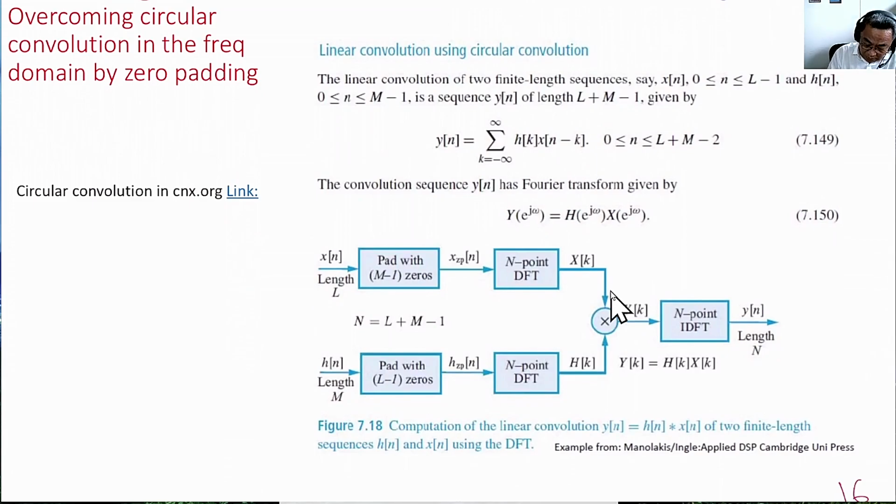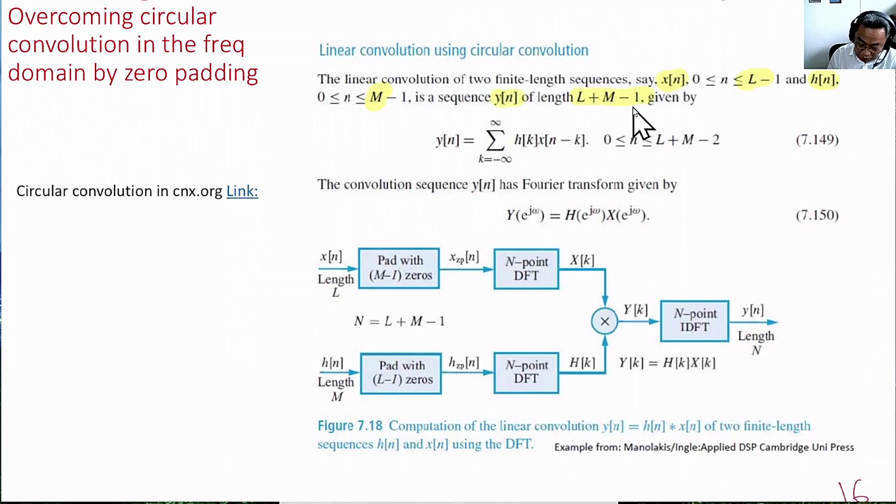In most questions, we are given x[n] that is L samples long, and h[n] is M samples long. They can be different, right? And we want to produce a sequence that is L plus M minus 1 samples long. Okay? So that's the general idea.